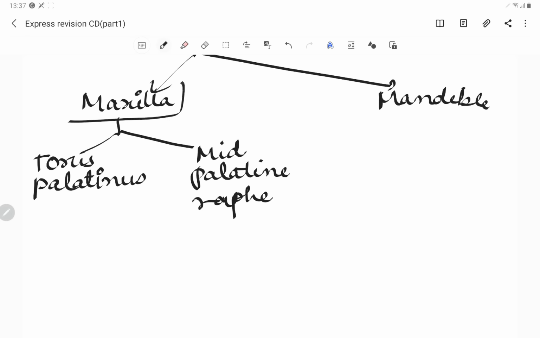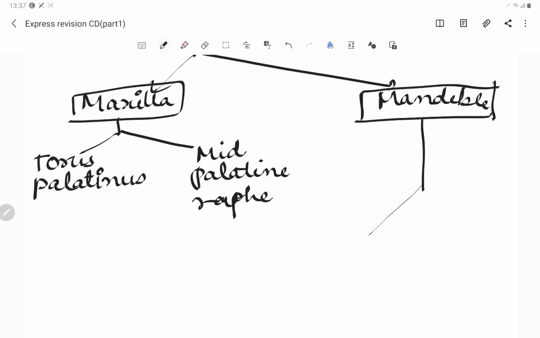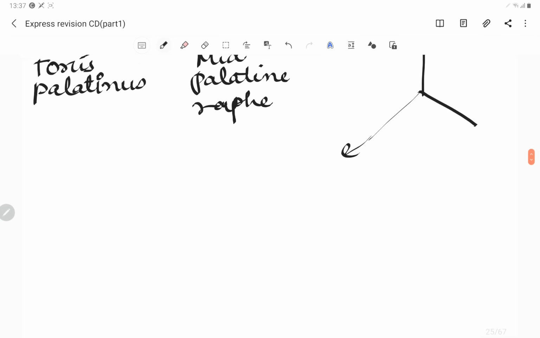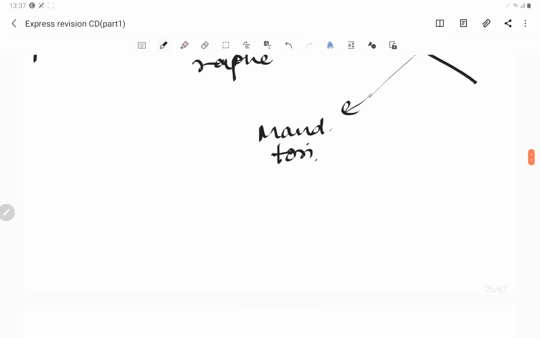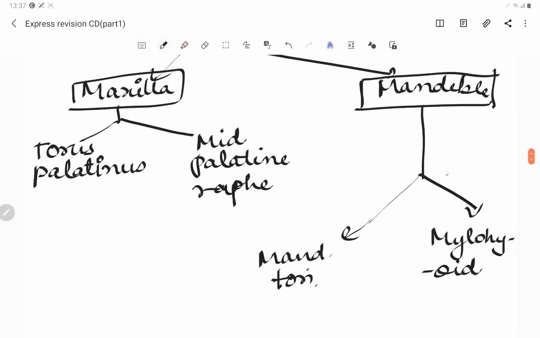And if we talk about the mandible, it can be due to mandibular tori or the mylohyoid area. Right.